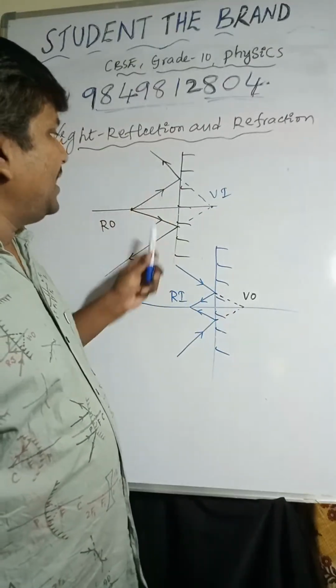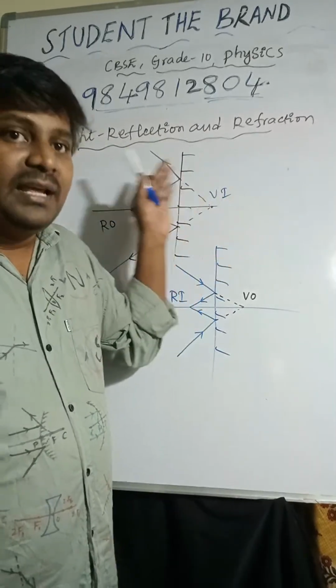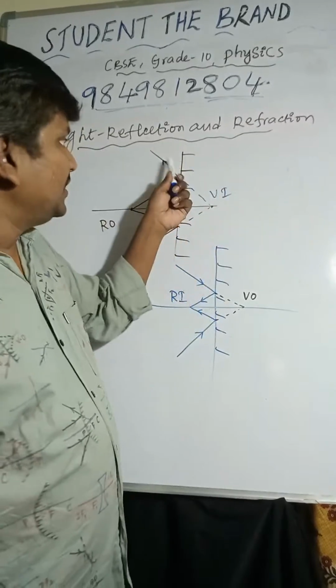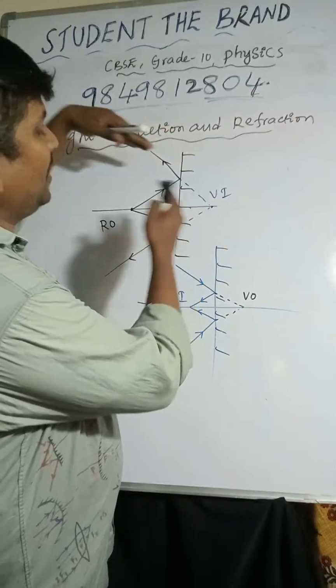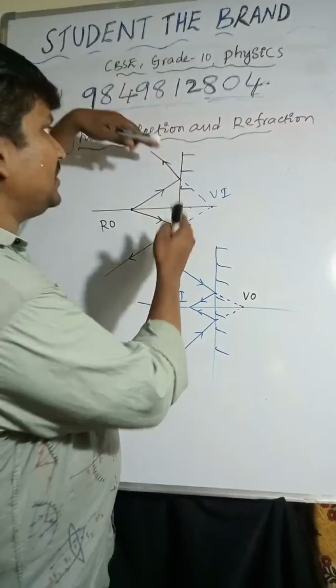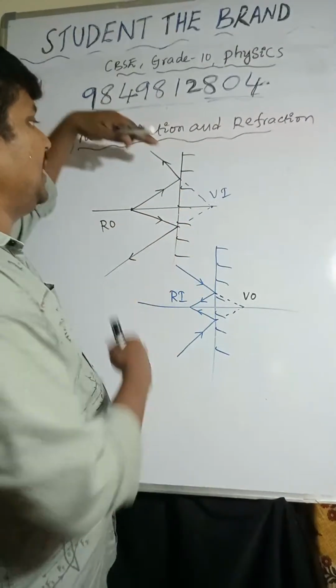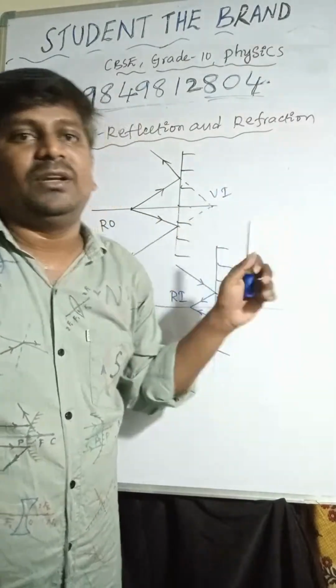Here we are extending the reflected light rays. Those extended reflected light rays are meeting at one point. Their image is forming. That is a virtual image.